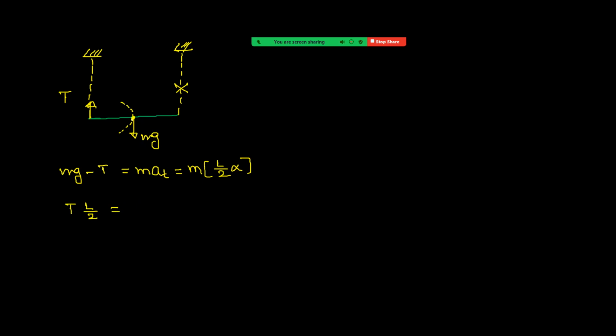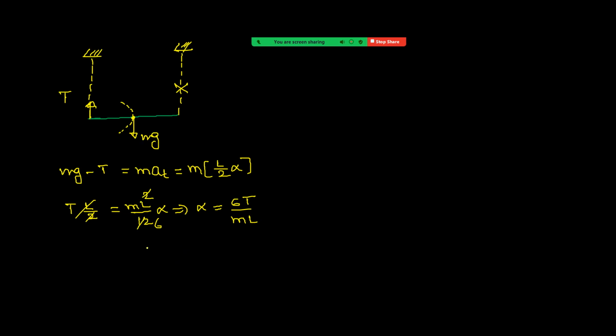And I value, since the torque is about the center of the rod, is mL square by 12, into alpha. Now L gets cancelled, and 2 here, 6 times. From this, alpha value is 6T upon mL.